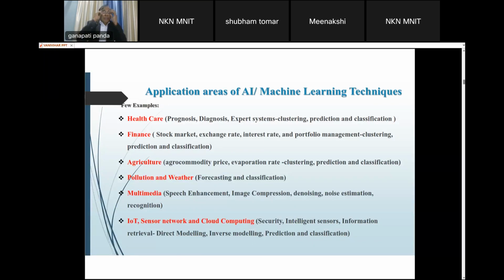Now, as I told earlier, the various applications of artificial intelligence and machine learning: healthcare, prognosis, diagnosis, development of expert systems, prediction of disease, classification of disease. This can be used for finance, stock market, exchange rate prediction, interest rate prediction, portfolio management, and so on.